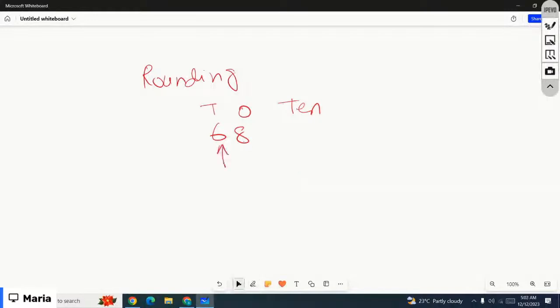You always have to look at the digit on the right-hand side of the digit that you have to round off. The right digit of the tens digit is 8. You need to compare this number to 5. Is 8 greater than 5 or less than 5?